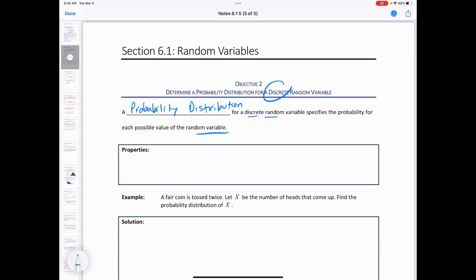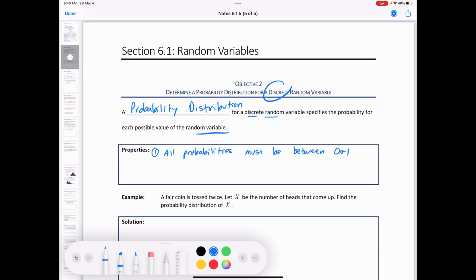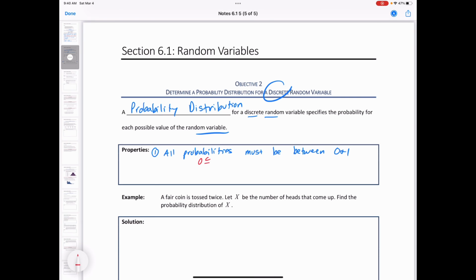All of the probabilities, and we talked about this in chapter 5, all of the probabilities must be between 0 and 1. To write that out mathematically, you could write it like this: 0 is less than or equal to P of X, which is less than or equal to 1.